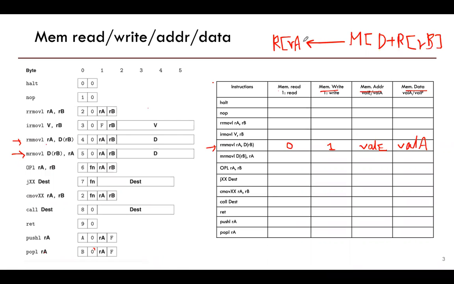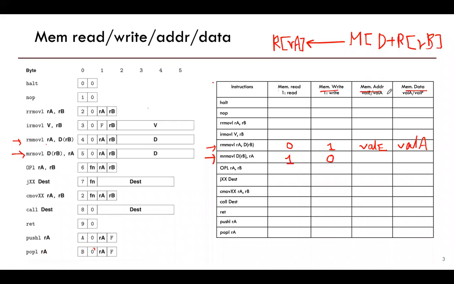Okay, then let's fill up the row of the MR move instruction. Is it read or write? This is reading a memory, right? So we read memory here. Okay, then it should be 1. And we don't write anything to memory, so it should be 0.